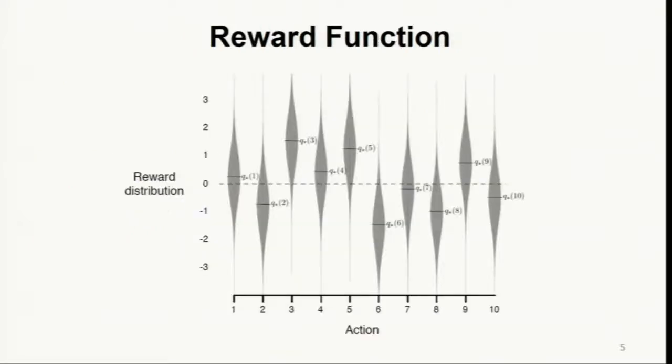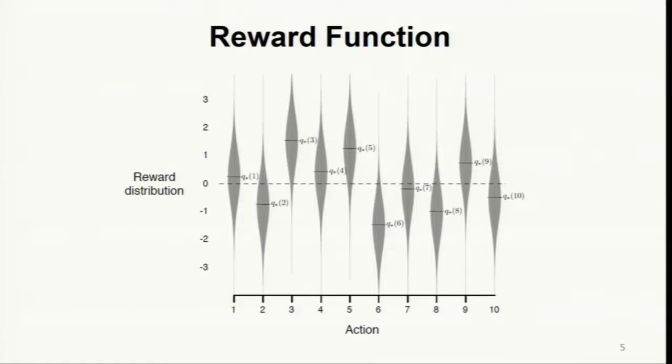Suppose we know the distribution. This is slot machine 1, slot machine 2, slot machine 3, up to 10. Now, which one are you going to choose? This is a reward distribution.